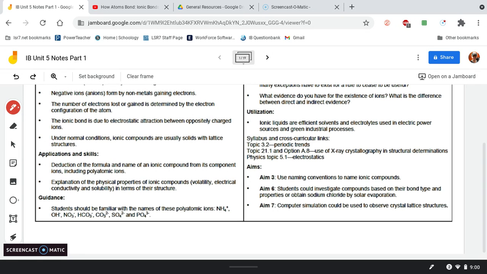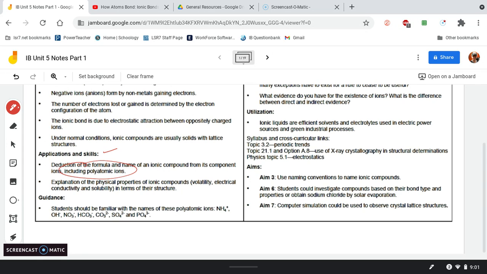Now, I like to point this out right here. In applications and skills, it says deduction of the formula and name of an ionic compound from its component ions, including polyatomic ions. Those are the things that are listed on the back of your periodic table, like sulfate, carbonate, nitrate, hydroxide.